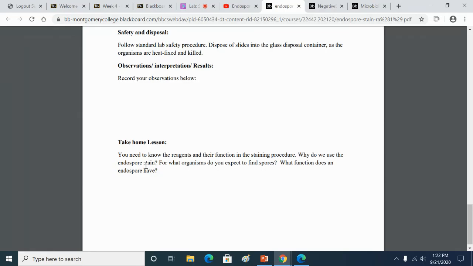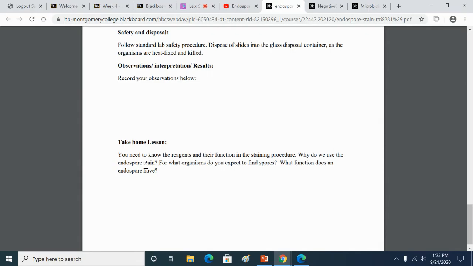For what organisms do you expect to find spores? What are the two groups? Spore-forming bacteria. Bacillus and Clostridium. Right, Bacillus and Clostridium.